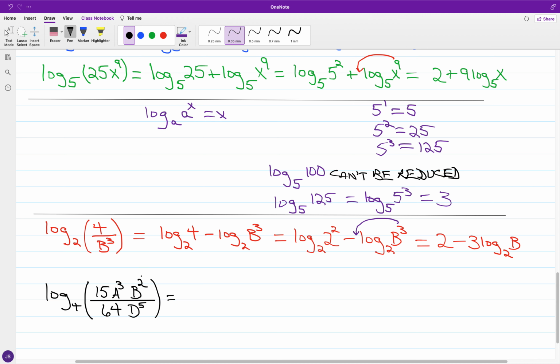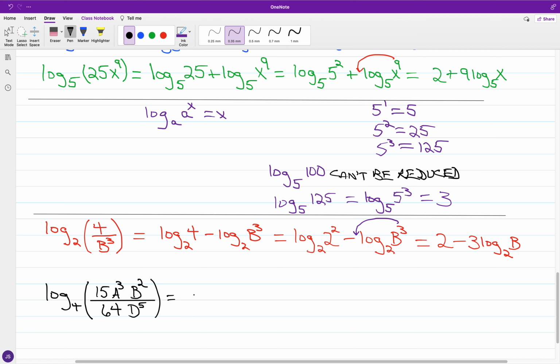I have 3 factors in the numerator and 2 in the denominator, so we have multiplication and division going on simultaneously, and in the expansion I'll be looking at both addition and subtraction.